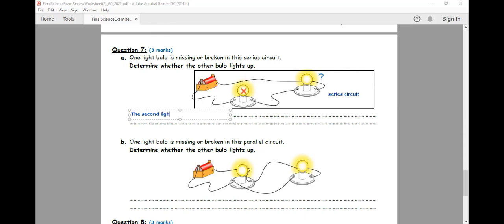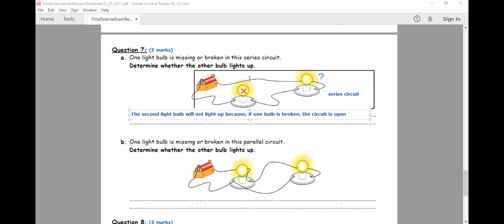The second light bulb will not light up because if one bulb is broken or missing, the series circuit becomes open.